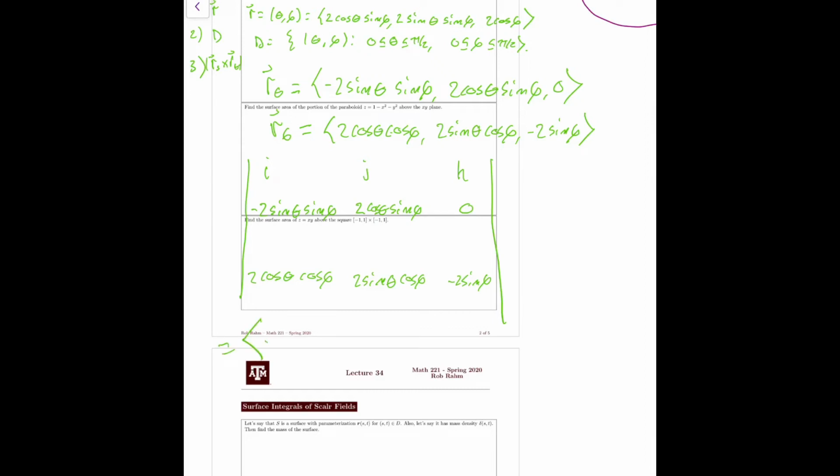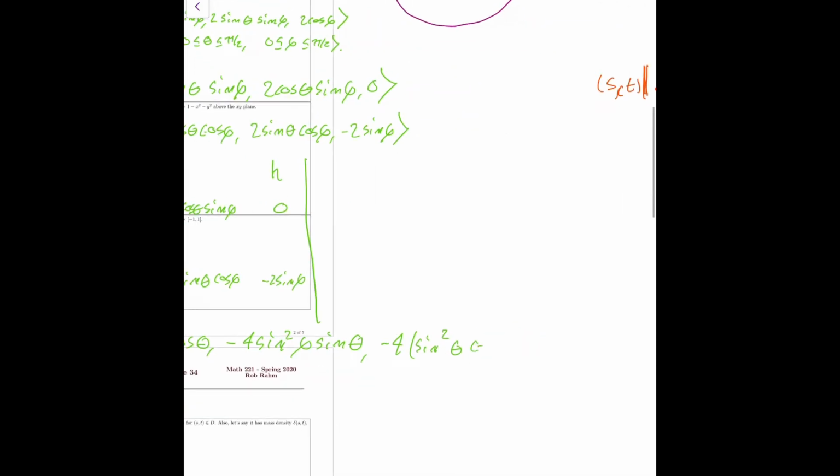If you don't, you'll be able to see where you made a mistake. This is me doing this computation at double speed, so it is a very long and annoying computation.